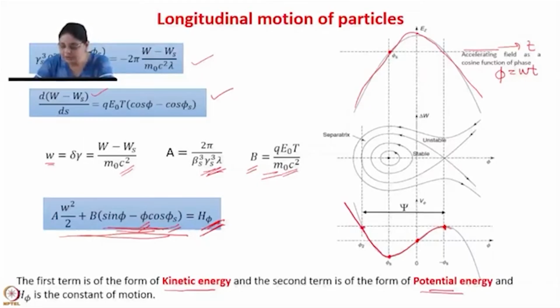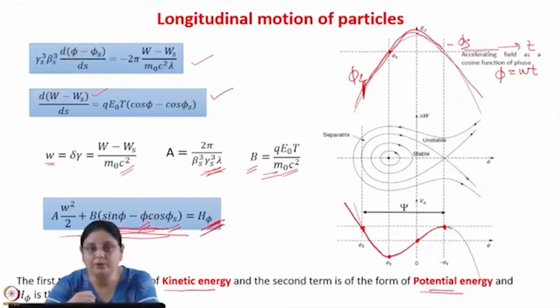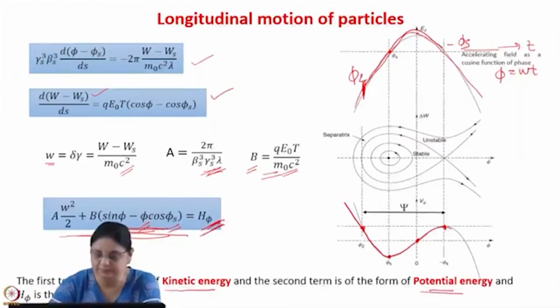For these values of phase, the particle will execute stable motion. So all particles other than the synchronous particle that lie within this region between phi 2 and minus phi s will execute stable oscillations about the synchronous particle.